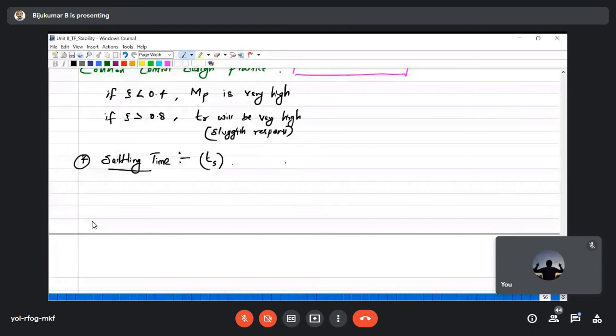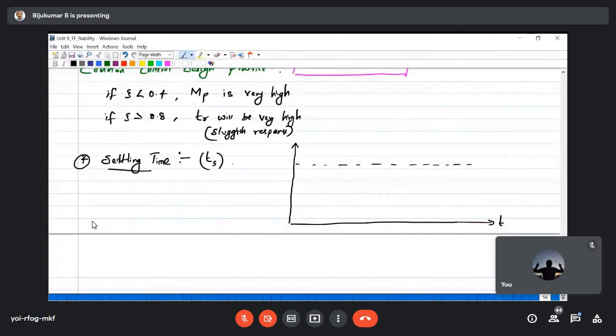If I draw the waveform again, suppose this is my steady state value 1. I have a band, plus band and minus band. Let it be plus or minus delta.